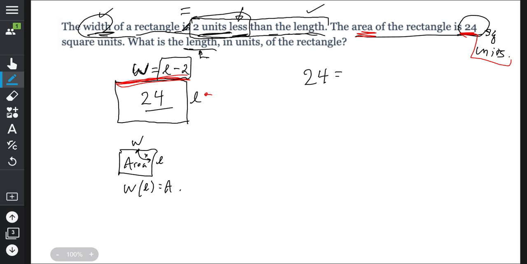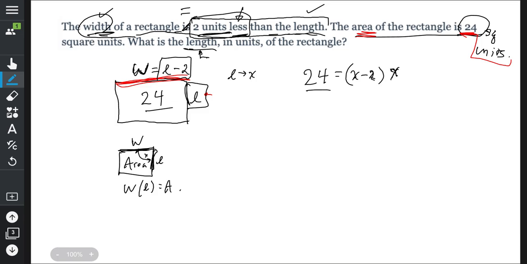But I'm going to convert them to X because I like using X. I'm used to it instead of L. So we're going to say X minus 2 times X. Because one side times the other makes the area. Here's the area. Here's one side, L or X minus 2. And here's the other side, L or just X. Can you solve this?